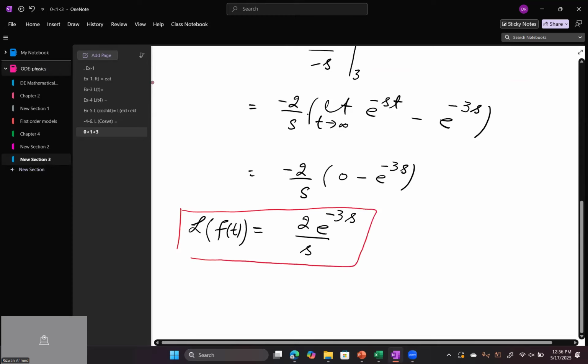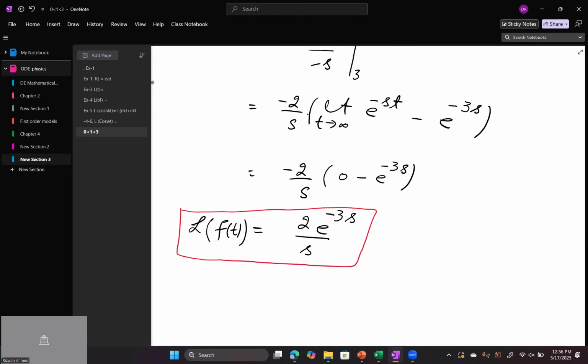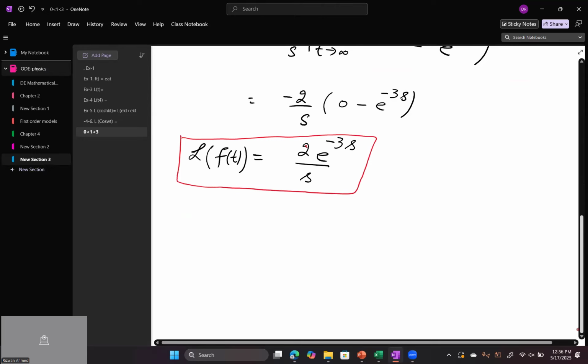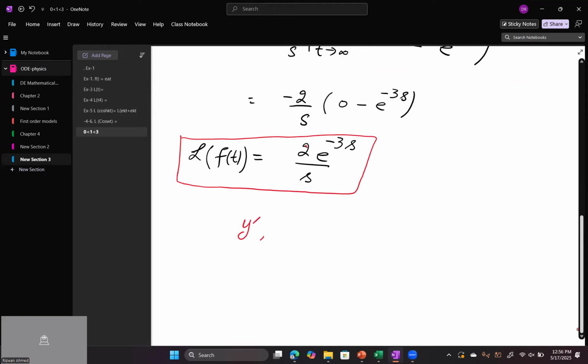So the Laplace transform of many functions can be evaluated. And now our task is to find the Laplace transform of the derivatives. That will complete our set for solving differential equations. In the next demonstration, I will calculate the Laplace transform of y prime, y double prime, and in general the nth derivative.